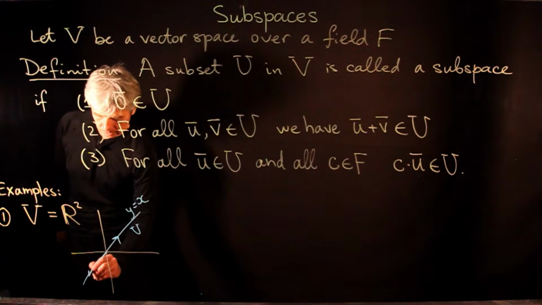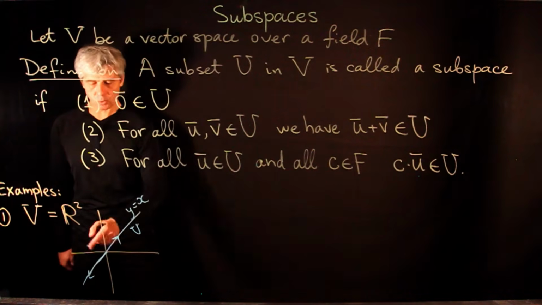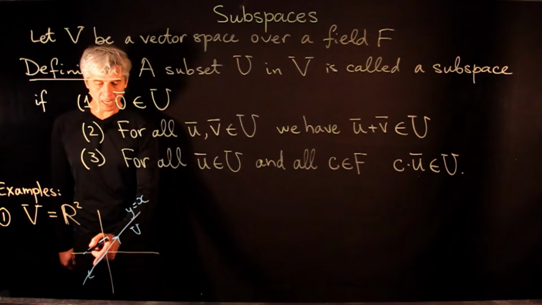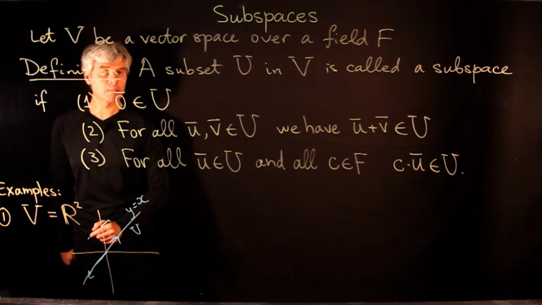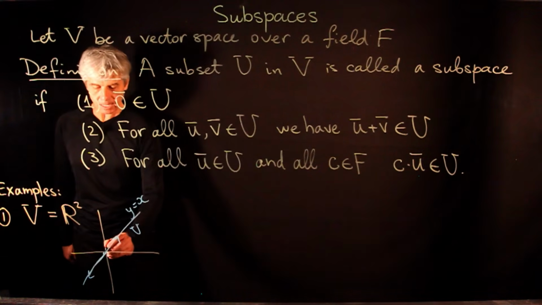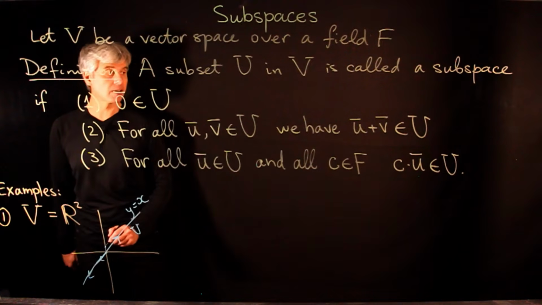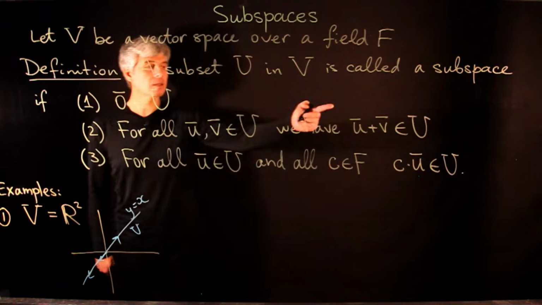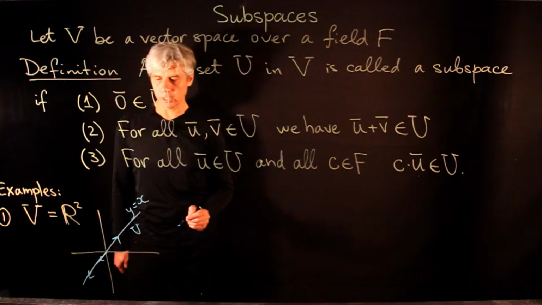So one like this, and another could be in the same direction or the opposite direction. So if we add two vectors that are both on this line, the resulting vector will also stay on this line. And so what we see is that the second property holds.